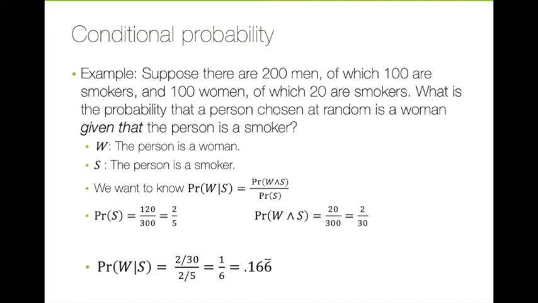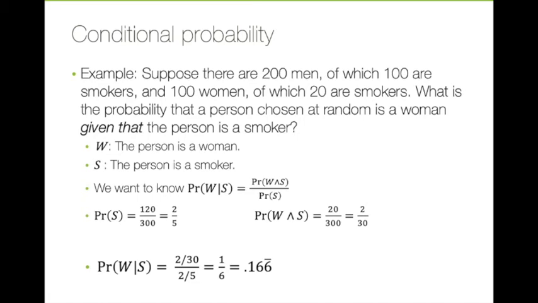First, it's always useful when determining probabilities to establish the component statements we need. So here we want to ask about the probabilities around W and S, where W is the person is a woman and S is the person is a smoker.